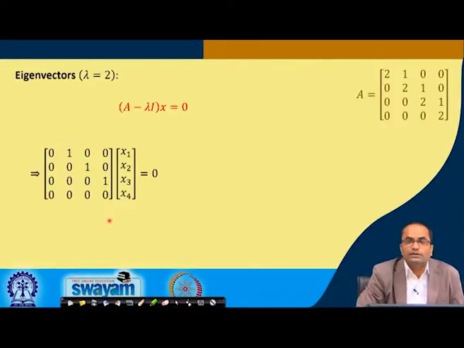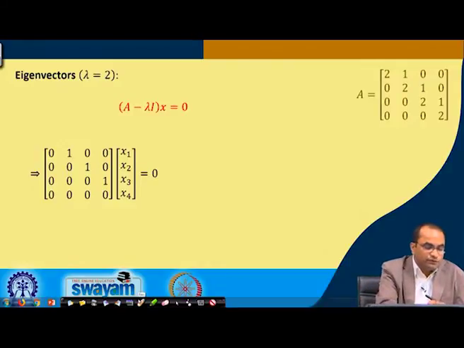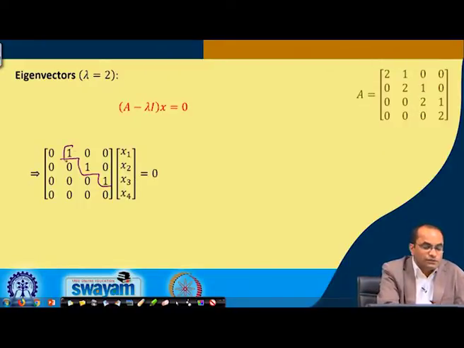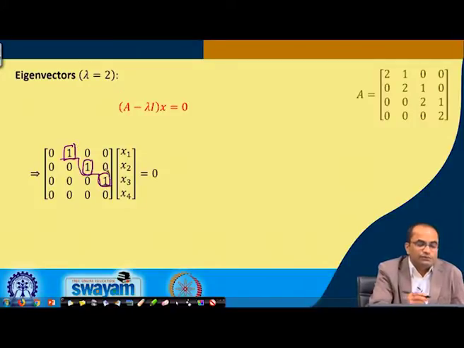So, we got this as our system of equations, and here we do not have to do anything to get the reduced form, because we can clearly see from the structure that this is already the reduced echelon form. This is a pivot element, and this is another pivot element, and this is also a pivot element.